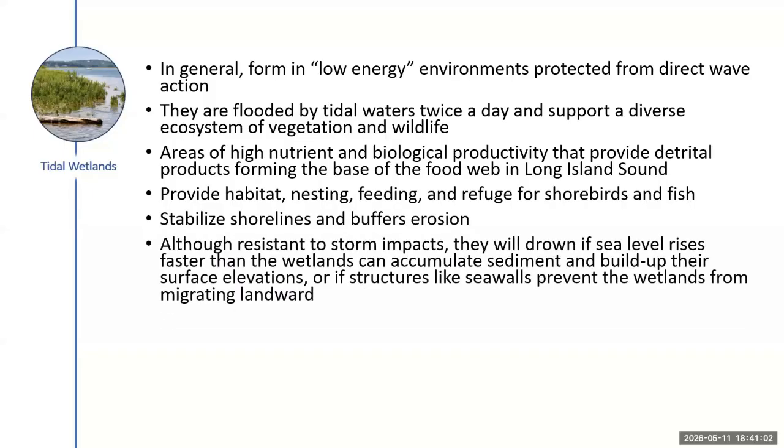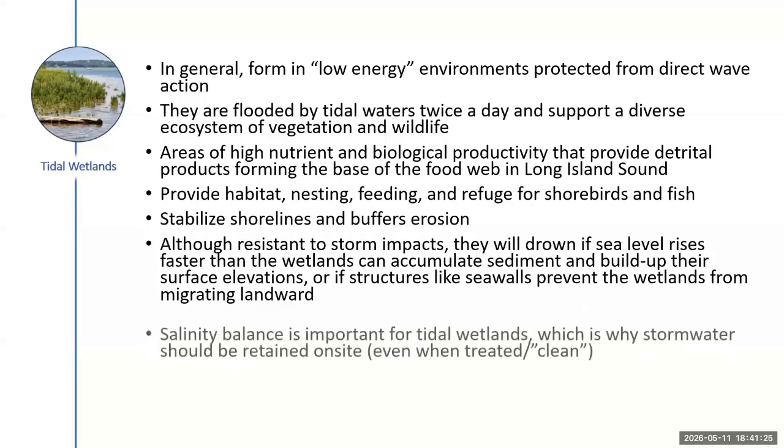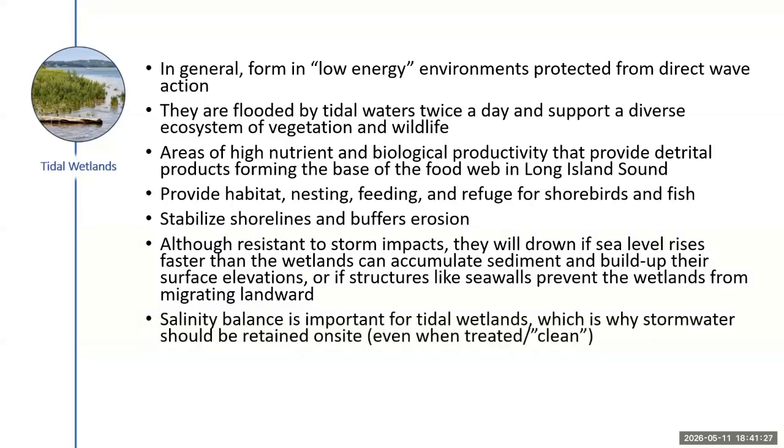And they help to stabilize shorelines, although they have some resistance to storm impacts, as we see all over the Connecticut coast, they can drown if sea level rises faster than the sediment can accrete on them. And also seawalls and other structures can prevent their migration and result in them just drowning in place.